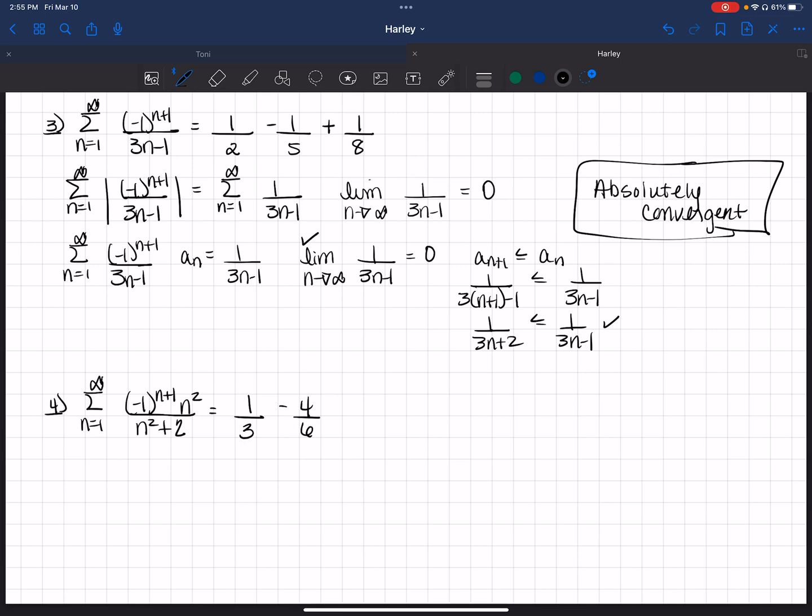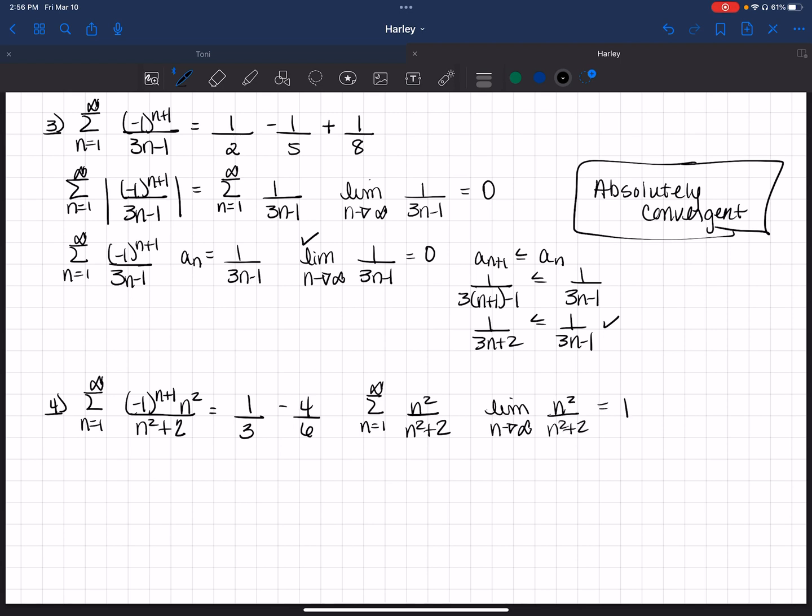So that means when I take the absolute value, I'm really looking at the summation of n equals 1 to infinity of n squared over n squared plus 2. We can do the divergence test on this. That's going to give me the limit as n approaches infinity of n squared over n squared plus 2, which equals 1.